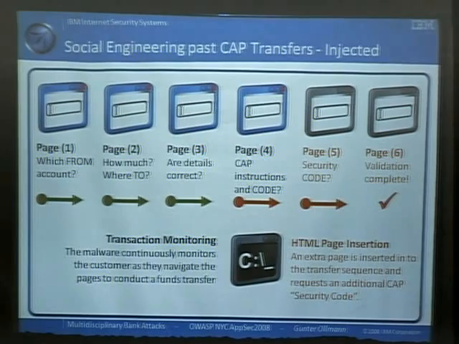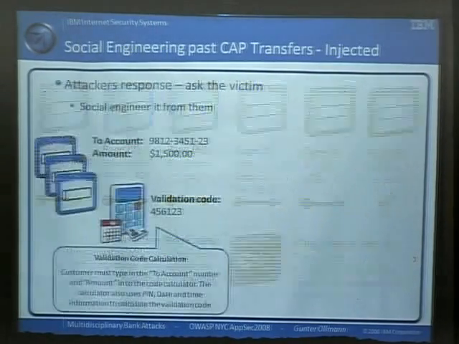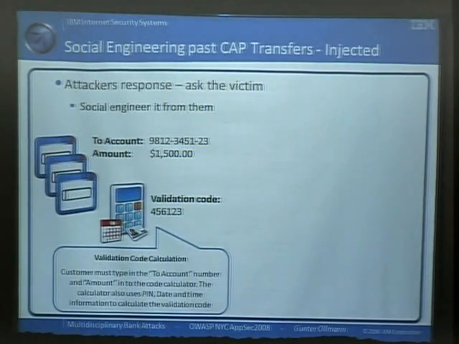It gives you the instructions about what to do, and it's called a security code to validate this transaction. So at the end of the day, you've actually used the calculator twice. Then you've got a 6th page, then the validation complete. So the malware has inserted an extra page to steal this data, and that's really what we're seeing on bypassing the chip and PIN technologies.